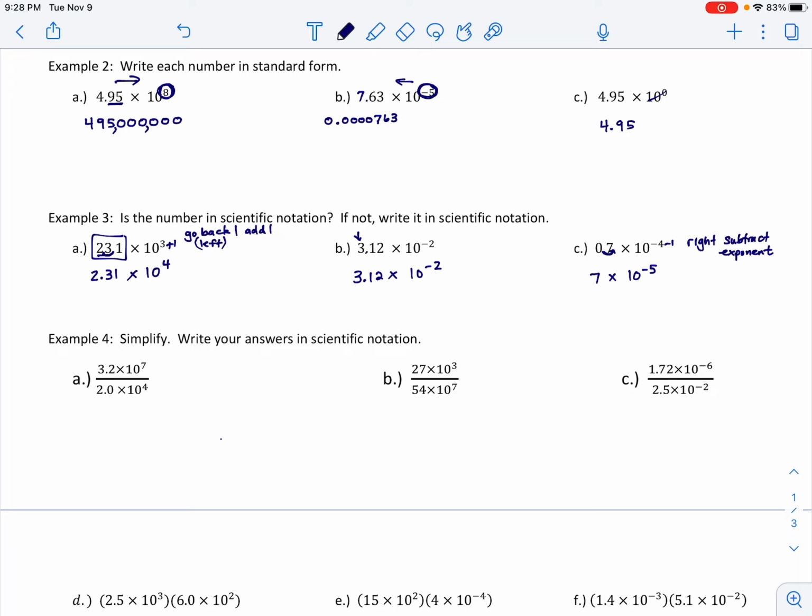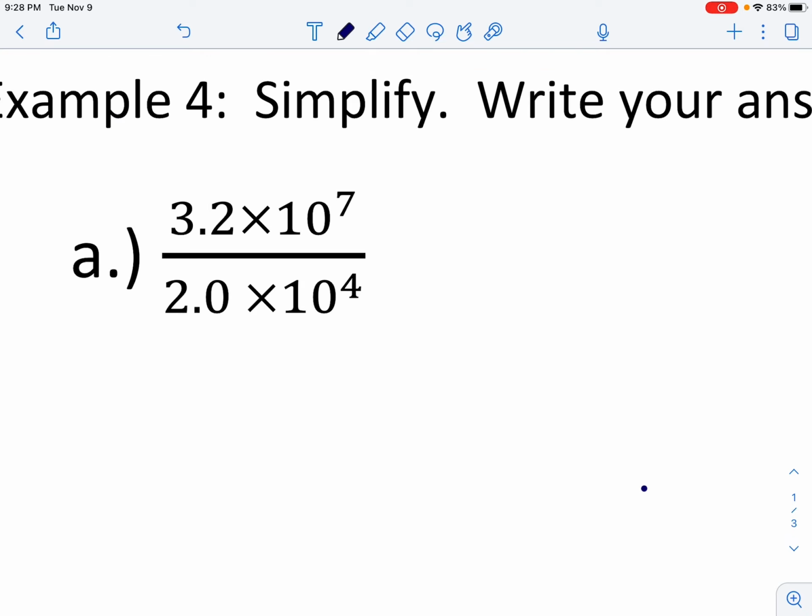Okay, so what we first have to do is look at our numbers first. This says to divide 3.2 by 2.0. So if you put in your calculator 3.2 divided by 2.0, that gives us 1.6. Okay, so we divided that.